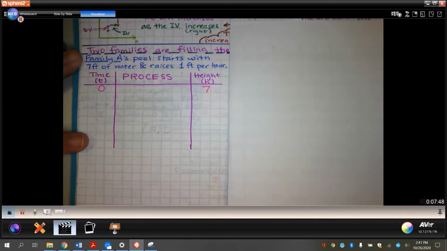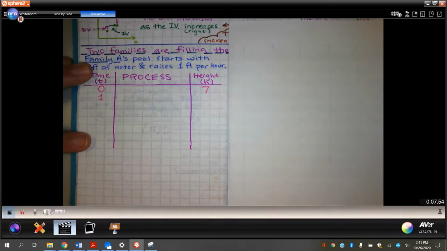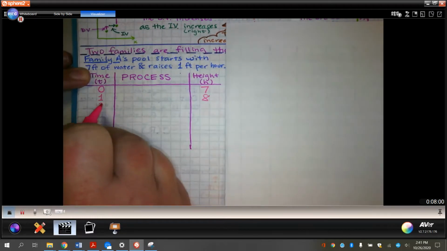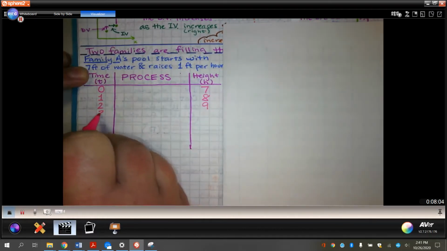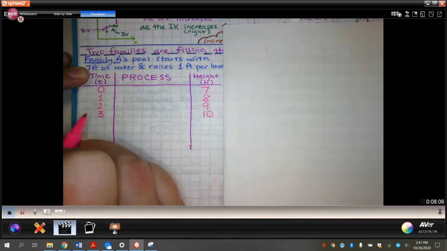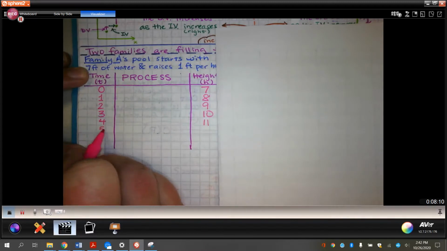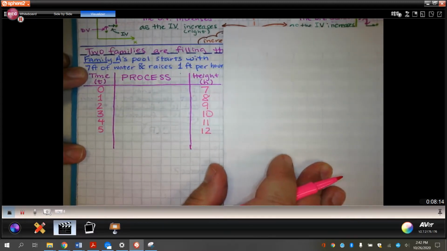But then every hour that passes, they add 1 more foot. So this becomes 8, and then 2 hours becomes 9, 3 hours becomes 10 feet, 4 becomes 11, and 5 becomes 12. Now I'm stopping at 12 because they want both families to fill the height to 12 feet.